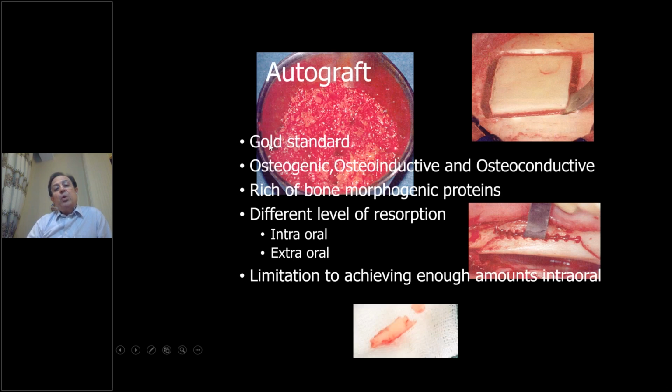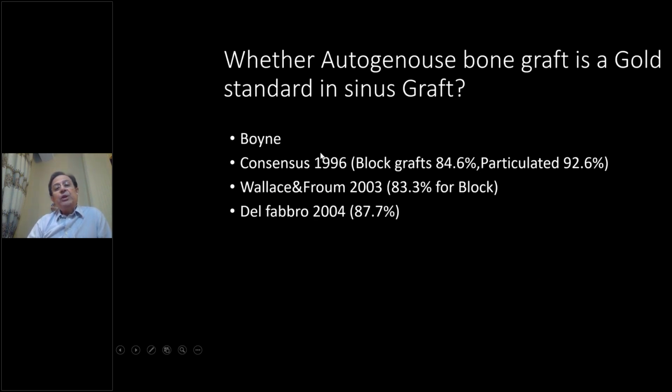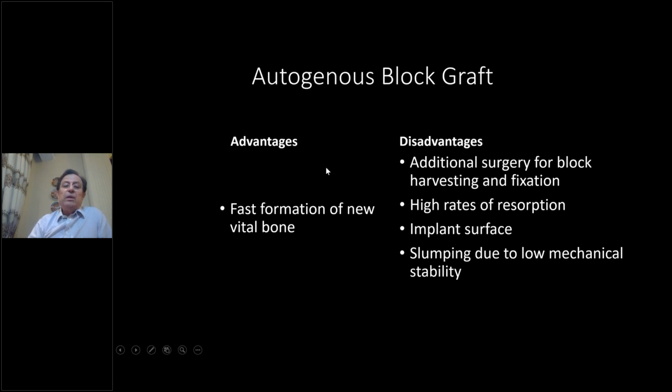Autograft is the gold standard for all procedures in oral implantology, but in sinus graft, I must tell you that it is not the gold standard, and nowadays we use a lot of graft alone or in combination with autogenous bone graft.